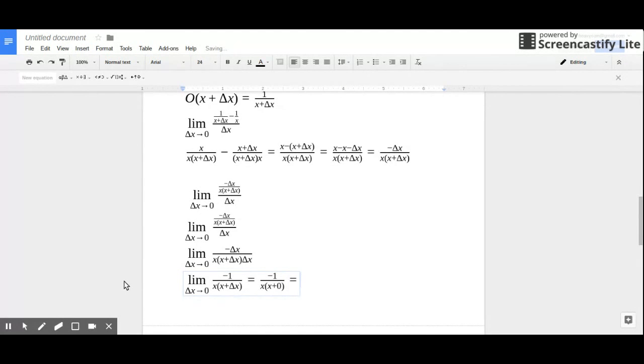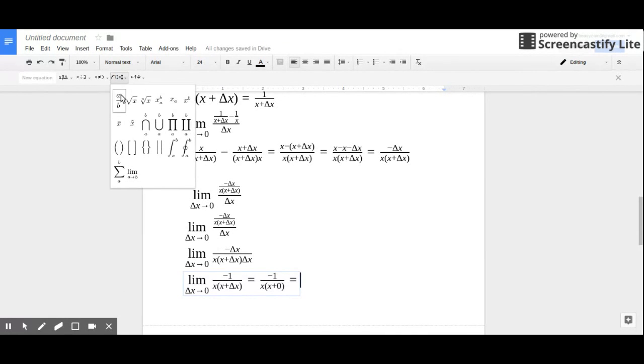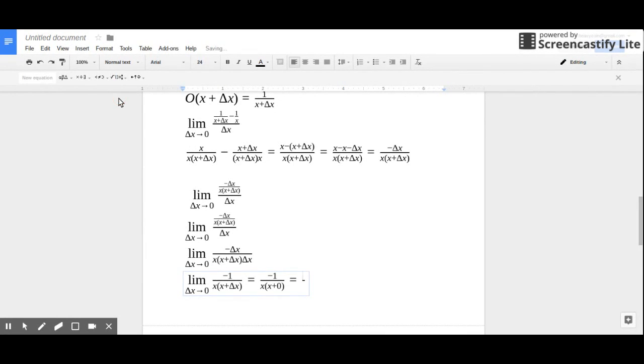All right, we'll go ahead and write an equal sign here. And so what do we have? Well, we end up with a negative 1 over, and x plus 0 is just x, and then x times x is x squared. See that?